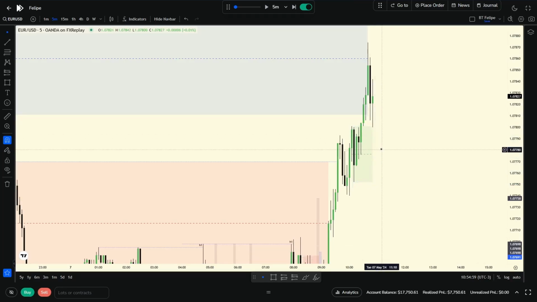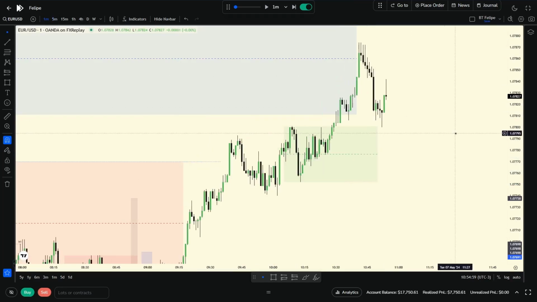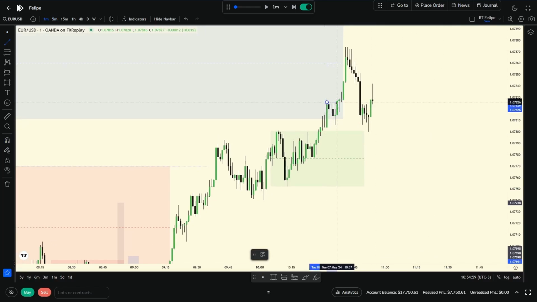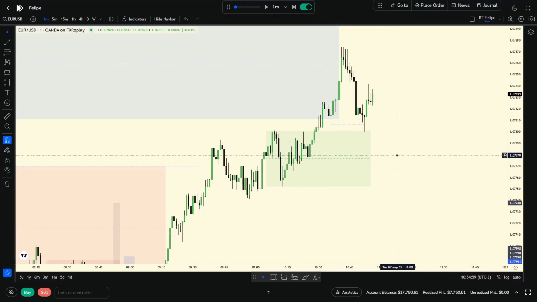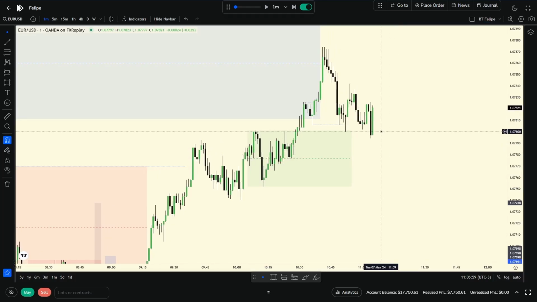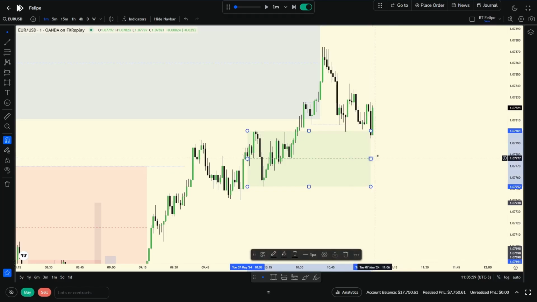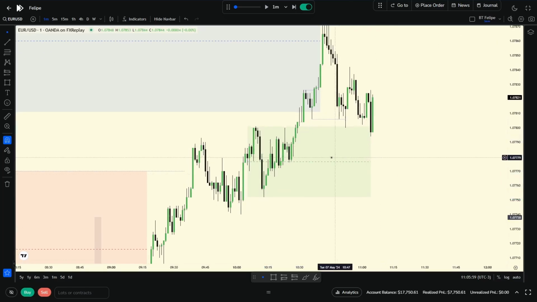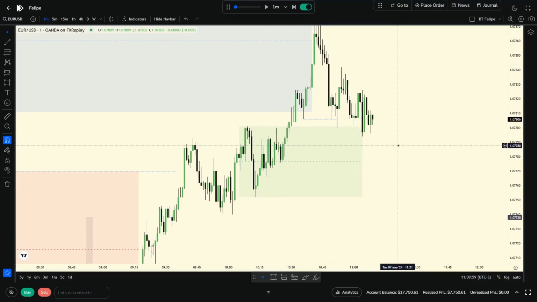I want to long a little bit below. This will be the manipulation. I want to see price tapping something here. Let's wait a little bit more.